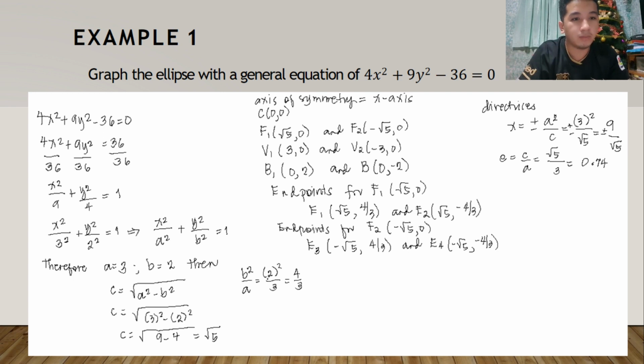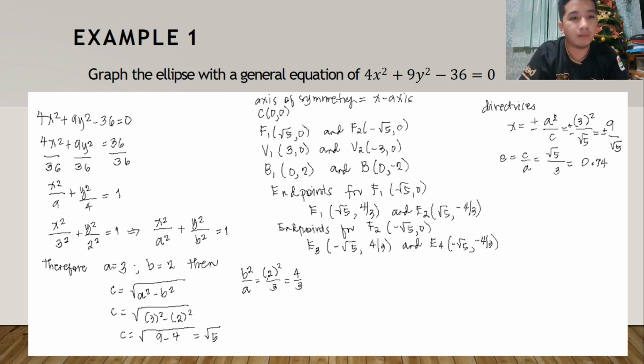The endpoints for F1, which is (square root of 5, 0): E1 is (square root of 5, 4 over 3) and E2 is (square root of 5, negative 4 over 3).